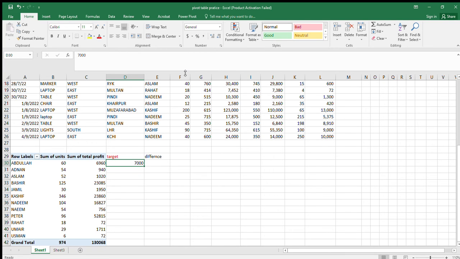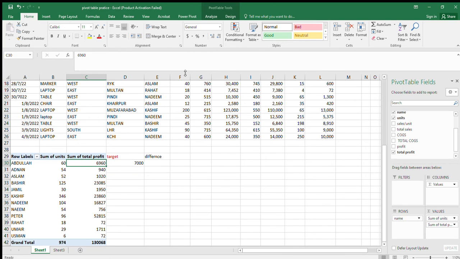This target and difference is now the profit. Target and difference is in monetary terms. These were in units. These are in monetary terms. This one is the profit he has earned.